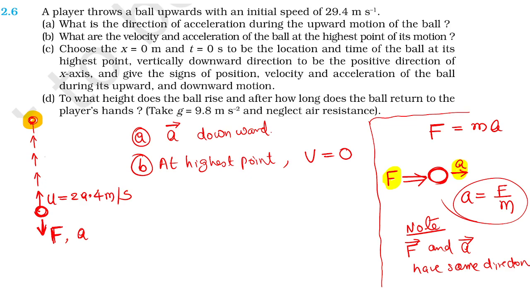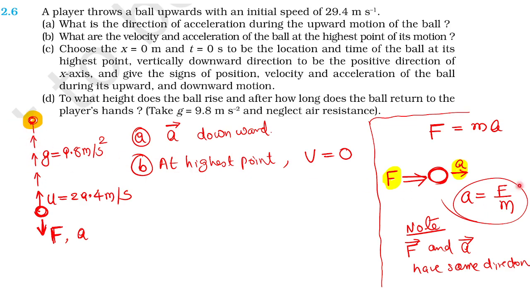The acceleration due to gravity you studied in the lower classes. If you don't know, please remember the value, 9.8 meter per second square, downward. Why downward? Acceleration is actually a downward force per unit mass. At the maximum point, the body is stationary, but still experiences a downward force.